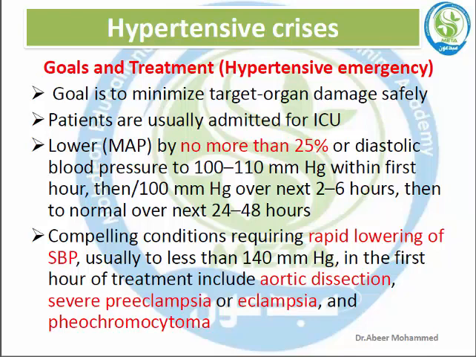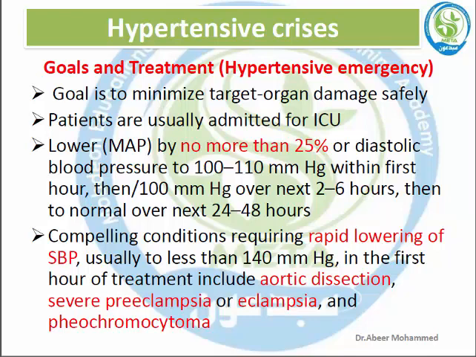Rapid decrease in blood pressure may worsen the case. If the patient has other compelling indications or other diseases like aortic dissection, severe preeclampsia or eclampsia, or pheochromocytoma, in such cases we may reduce the blood pressure immediately by more than 25% of the MAP.